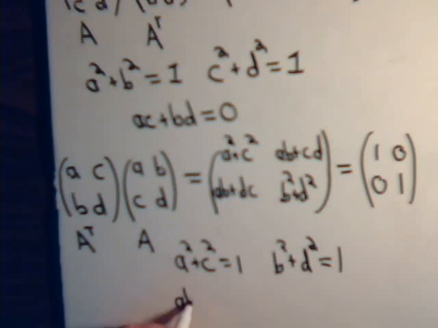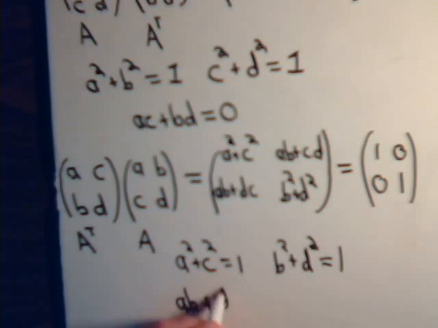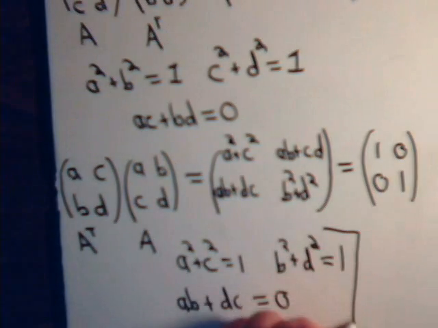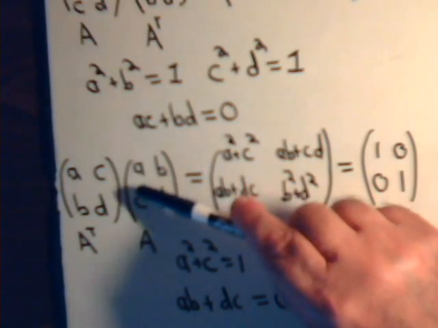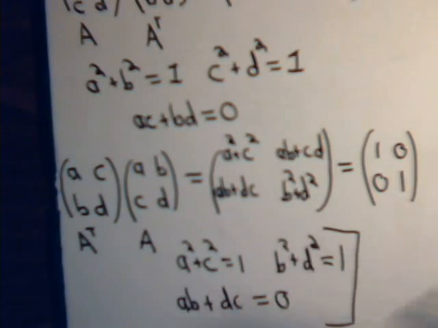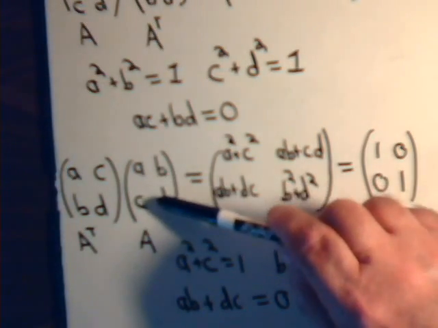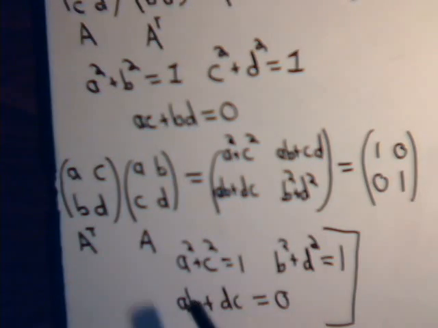And then we have AB plus DC equals 0. So we have these three equations. And now, this is matrix A. If we look at its columns and think of them as the components of a vector, we have a column vector with components A, C, and another column vector of components B, D, and we have A squared plus C squared equals 1.